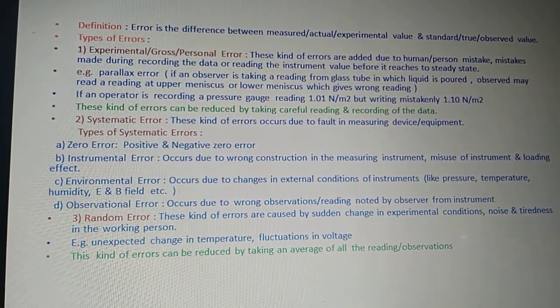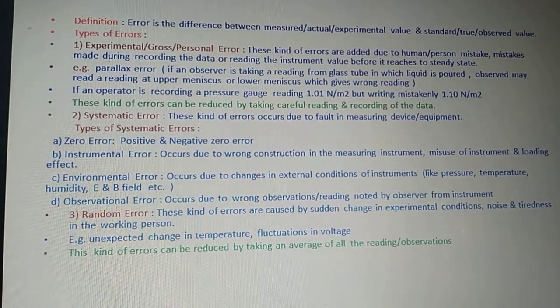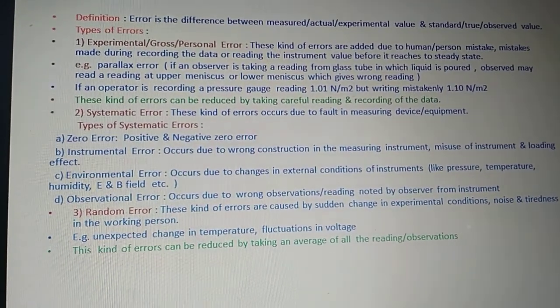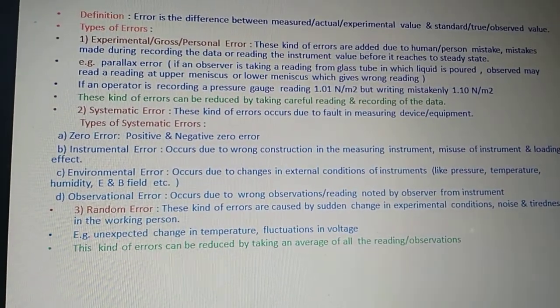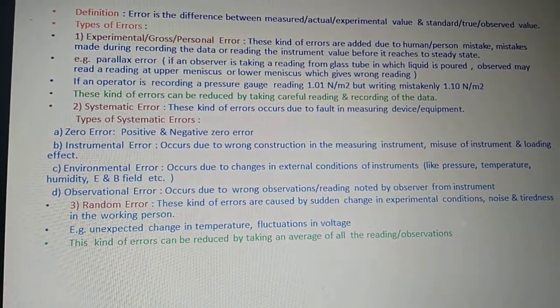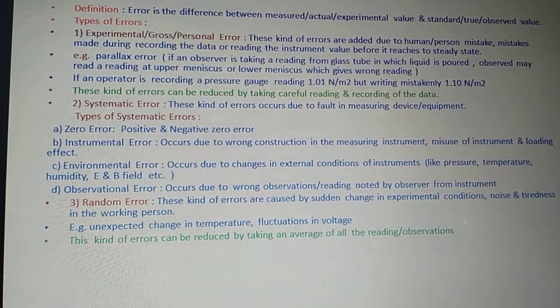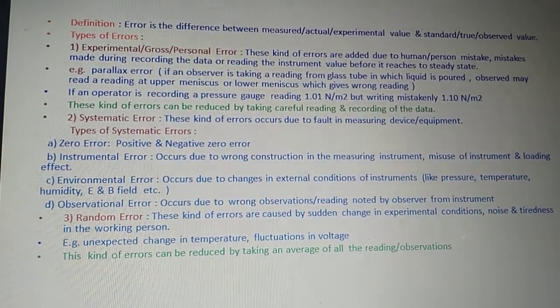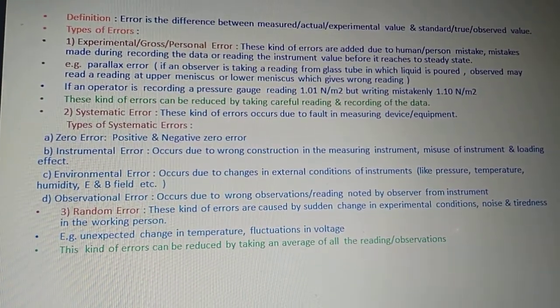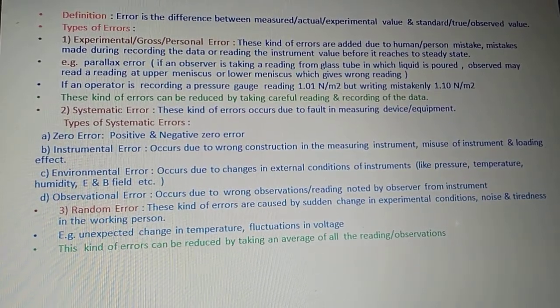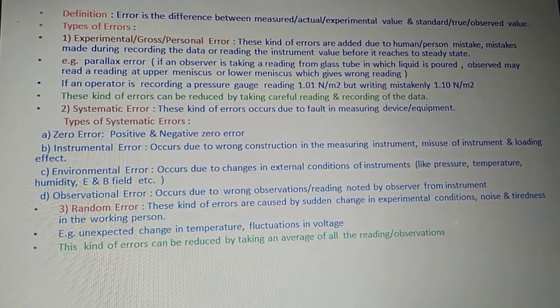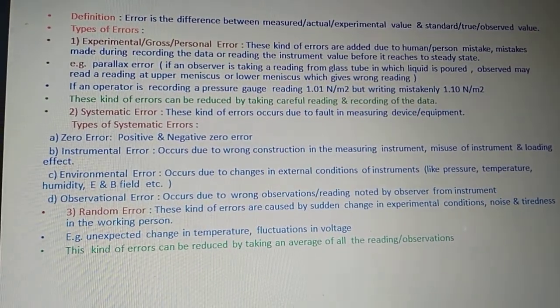There are different kinds of errors, and basically there are three types of errors. The first type of error is an experimental error. This experimental error is also called a gross error or personal error. The second kind of error is a systematic error, and the third kind of error is a random error.